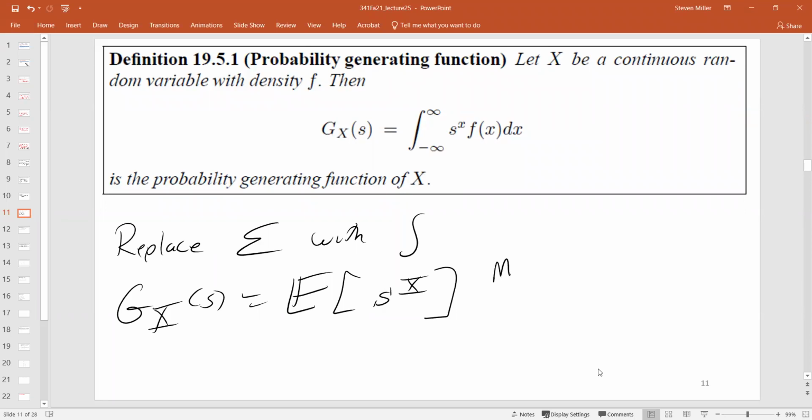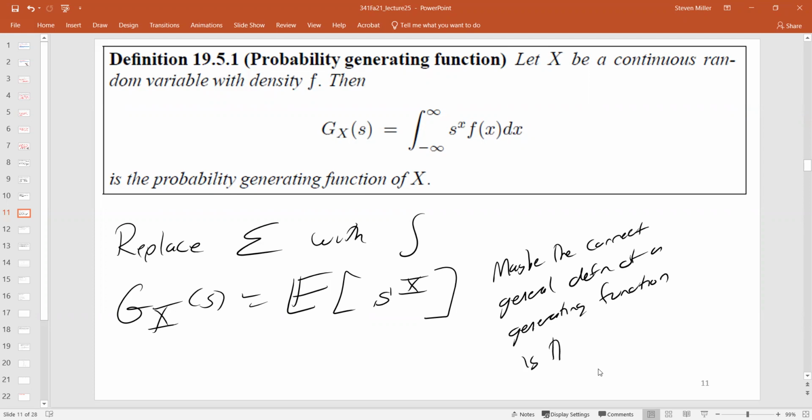So maybe the correct general definition of a generating function is through expectation, because this makes sense whether it's an integral or a sum. And again, if we think about the generating function initially defined for a sequence, if we do it for a discrete random variable that's supported on the non-negative integers, everything makes sense. That generalizes nicely like this. So let's define our generating function to just be this.